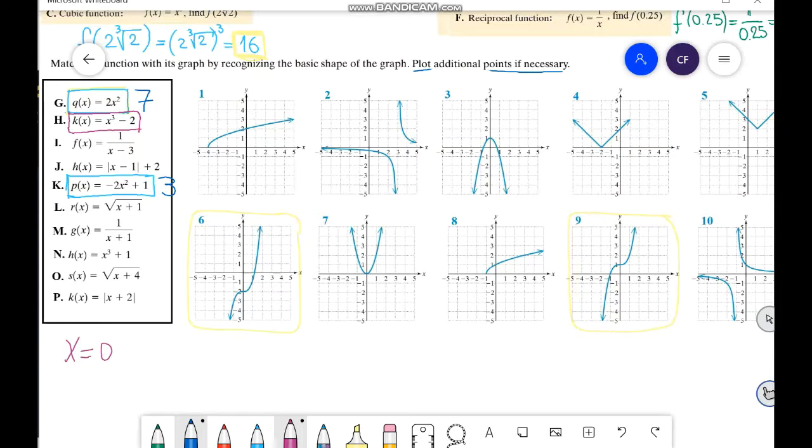Plugging in 0, 0 cubed is 0, minus 2. y equals negative 2. And then find x equals 0, y equals negative 2 here. And x equals 0, y equals negative 2 there. It doesn't match, it's not going to be 9. And here, yes, it's a match. So the answer is 6.